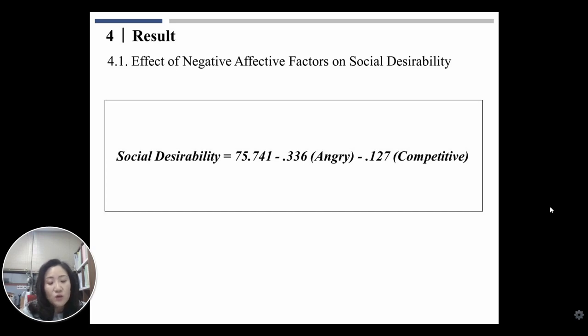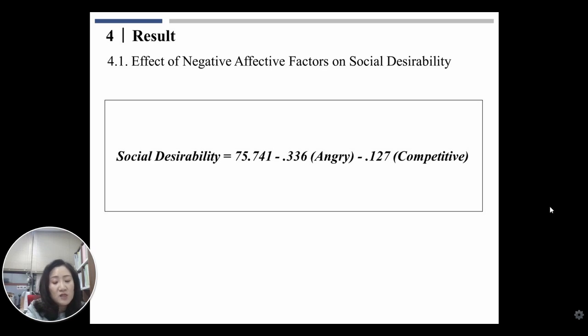According to the derived regression equation, when irritability and competition are 0, the average of social desirability is 5.741, and when irritability increases by 1 point, with other independent variables the same, social desirability decreases by 0.336 points on average.